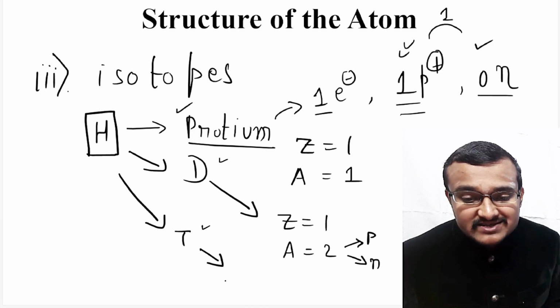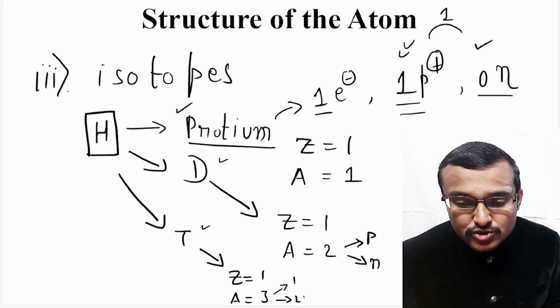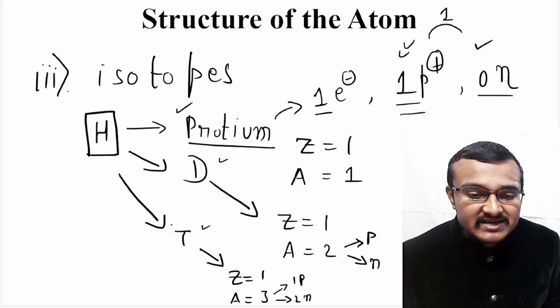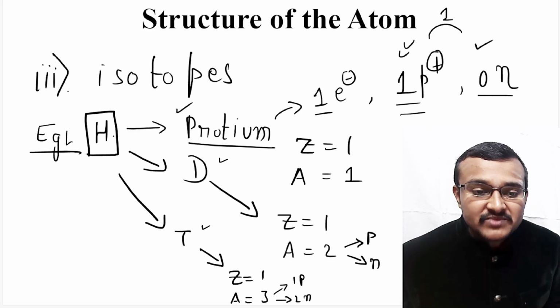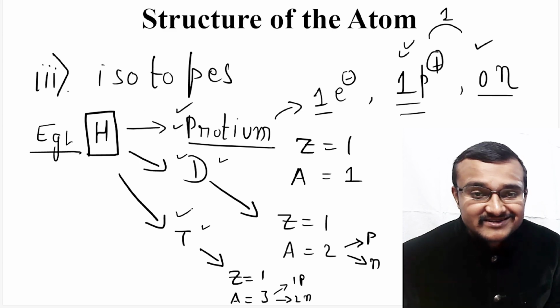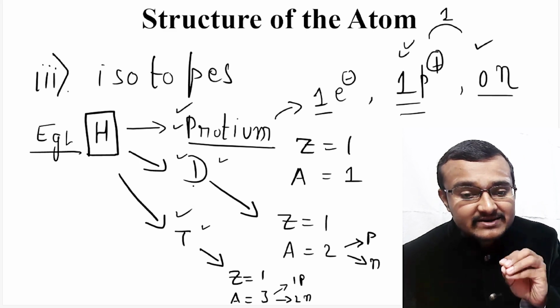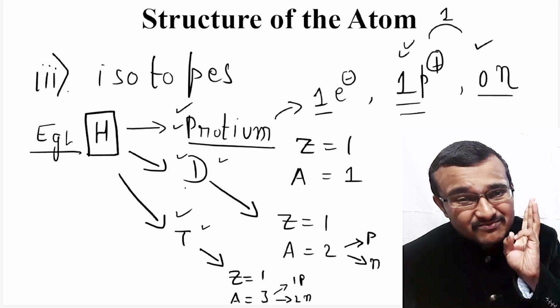So now if you consider tritium, here also the atomic number will be 1, but the atomic mass number will be 3. That is, 1 proton will be there, but 2 neutrons will be there. So that's why, if you consider the example of hydrogen, hydrogen exists in 3 isotopes: protium, deuterium and tritium. All these 3 isotopes of hydrogen have atomic number 1.